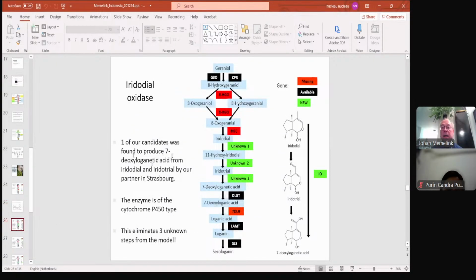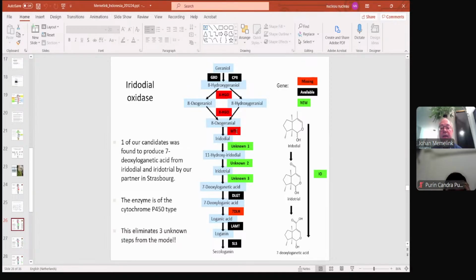Okay, here is another enzyme that we found, from other candidates, and this enzymatic activity was measured by our French partner in Strasbourg. It turned out that this was an interesting enzyme because this was a cytochrome P450 enzyme, which could catalyze the conversion of iridodiol to 7-deoxyloganetic acid.